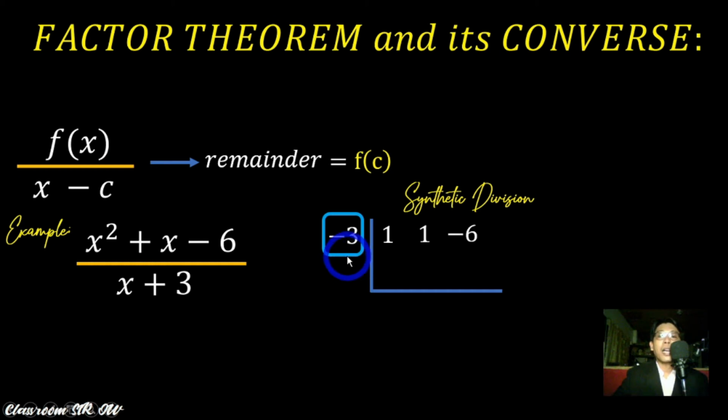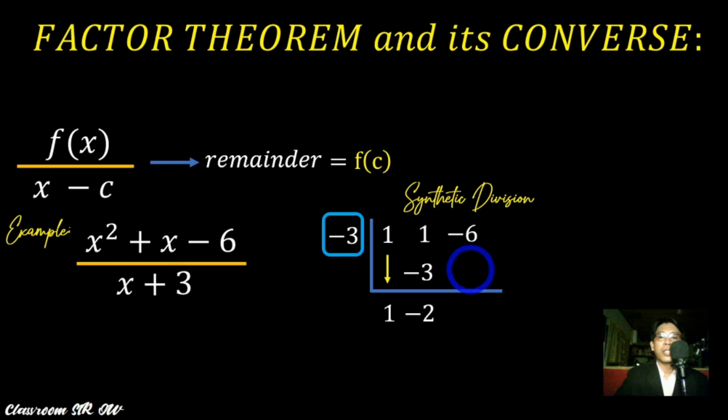Our next task is to bring down 1. After this, we multiply negative 3 and positive 1, and we write our answer below, which is negative 3. After that, we add 1 plus negative 3, and that is negative 2. Going back to the first step, we multiply again negative 3 and negative 2, and place the product below negative 6.